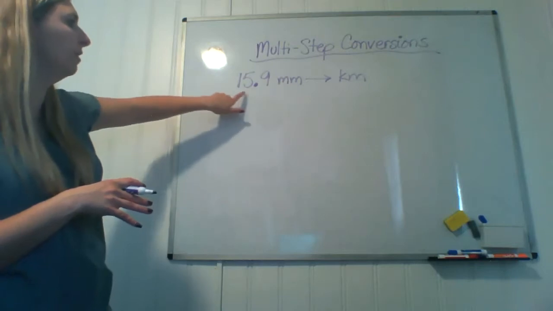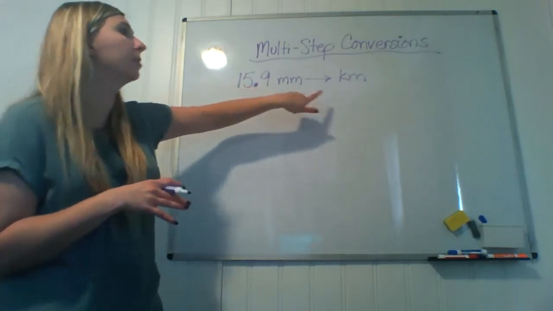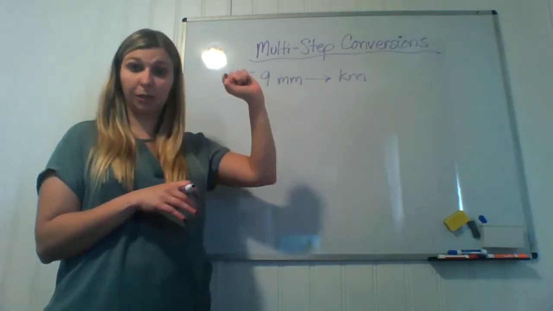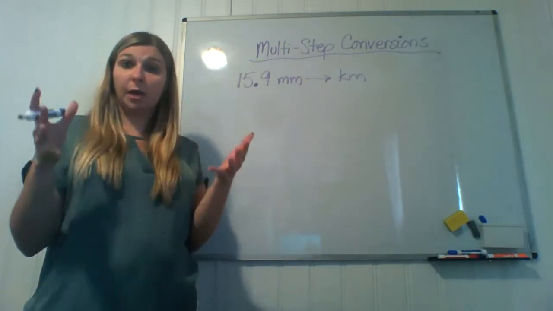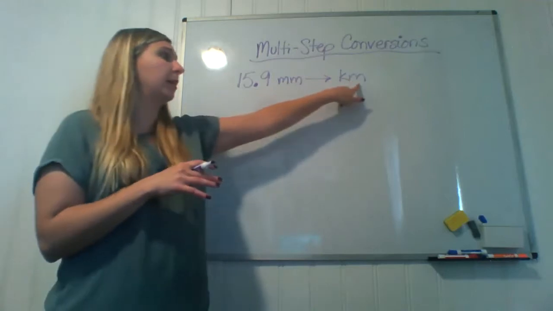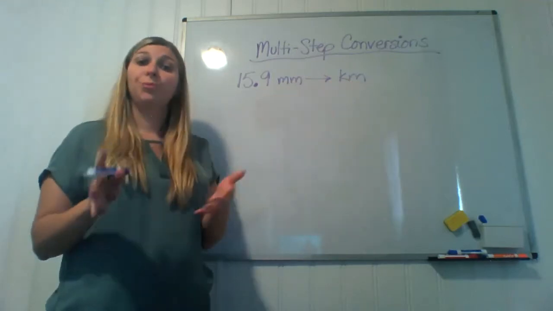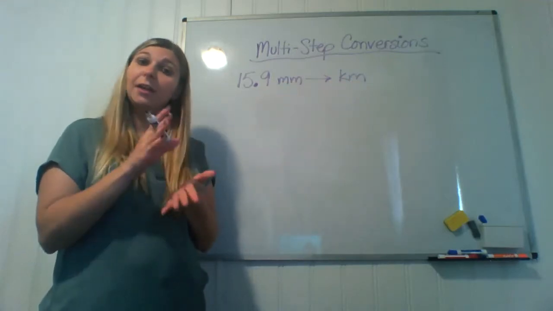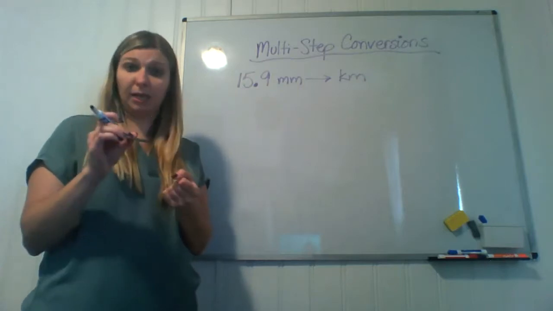So let's begin with 15.9 millimeters and convert it to kilometers. Do we know off the top of our head the direct relationship between millimeters and kilometers? No, what we have learned is what each prefix means.